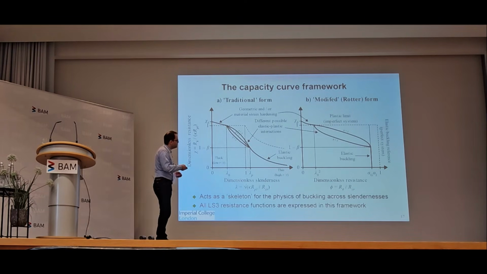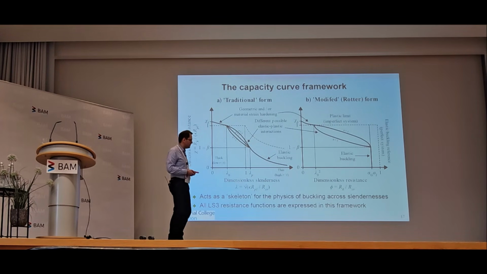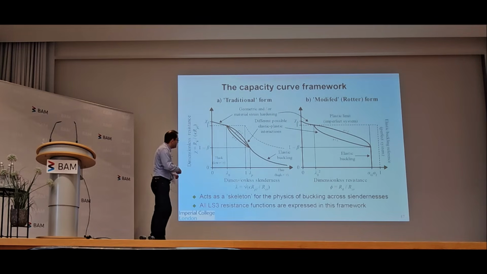This here is an alternative view of the same thing, but with the horizontal axis expressed as the ratio of the characteristic resistance to the elastic critical buckling resistance. The slenderness here is then kind of an implicit variable.